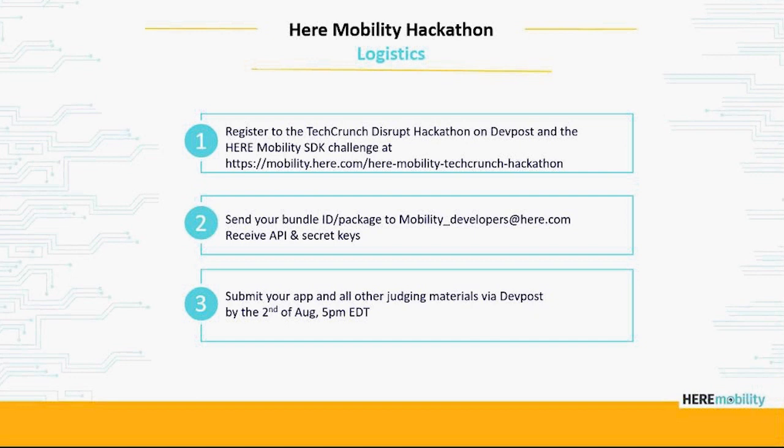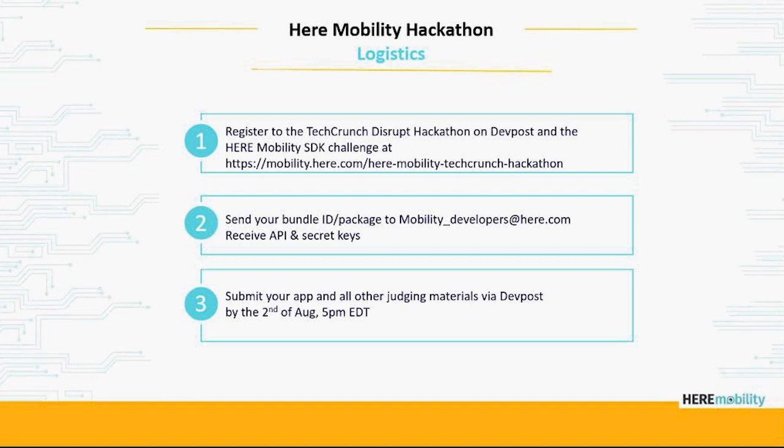Once you've registered on both of them, you'll receive an email explaining exactly what you need to send us. One of those items is your bundle ID or package that you need to send to mobilitydevelopers@here.com. Once we receive the information, we send you the API and secret keys to the sandbox environment in which you'll be developing your application for the hackathon.